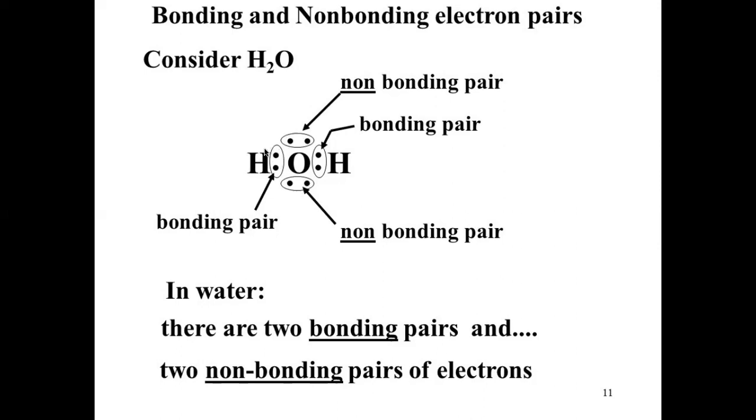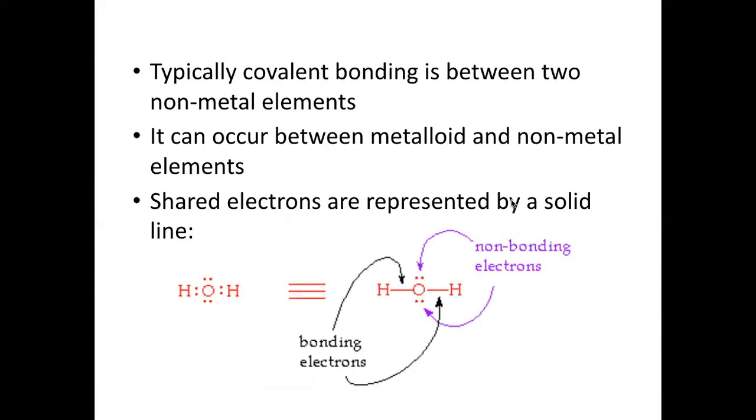And then for the hydrogen, it needs 2. So we see that each hydrogen here has 2. But that being said, we have 2 pairs of electrons that are not participating in bonding. So as we saw in the previous slide, these are non-bonding pairs of electrons, and this is a bonding pair. So in water, there are 2 bonding pairs and 2 non-bonding pairs, and we can put a line here to show that this is a bond between the hydrogen and the oxygens.